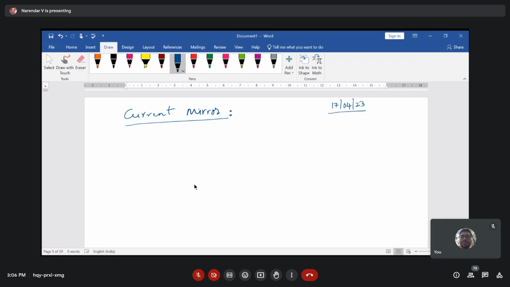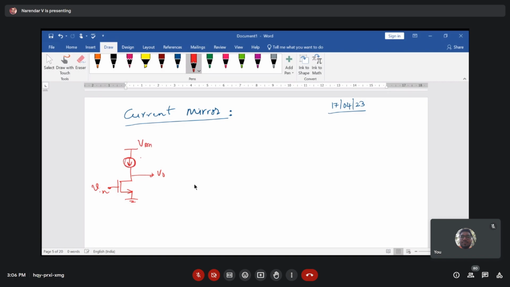Okay, let me draw a common source amplifier with an ideal current source, something like this. This is the ideal current source, and then here we have the driver transistor, and we apply the input here, and we'll tap the output at this location, and this is your VDD.